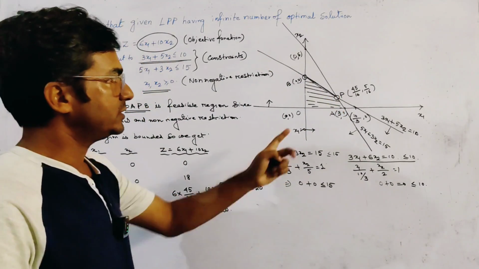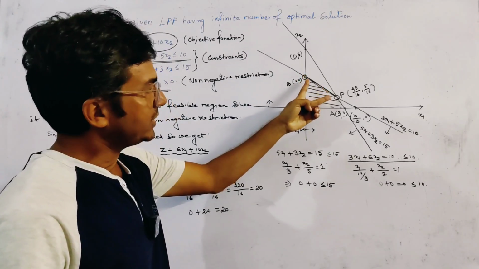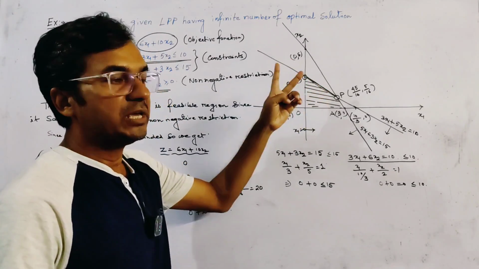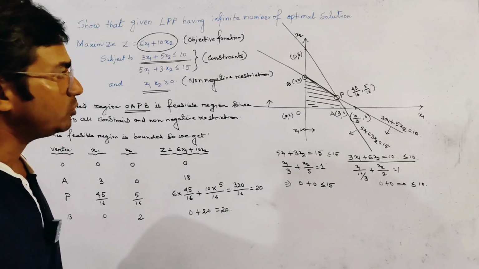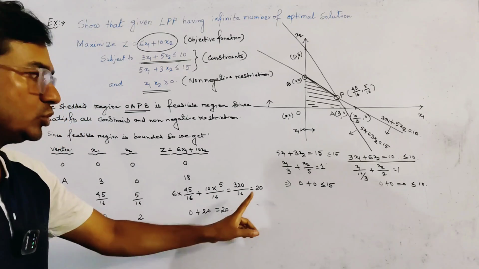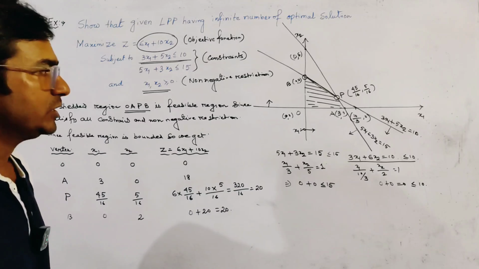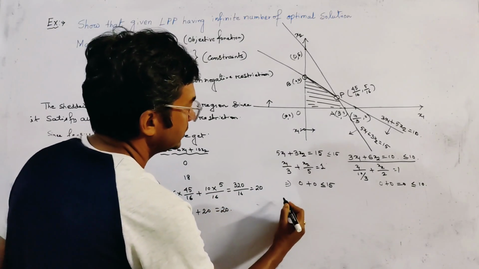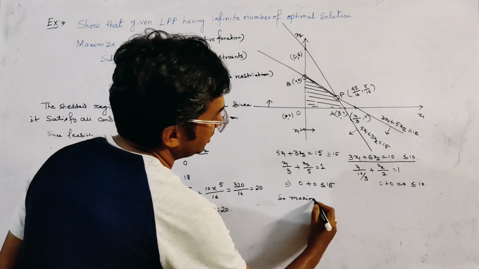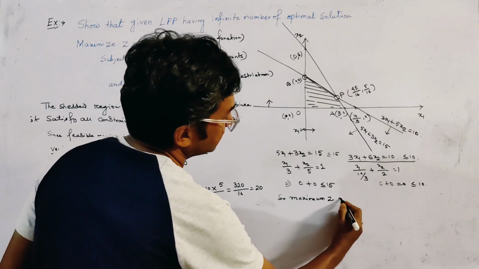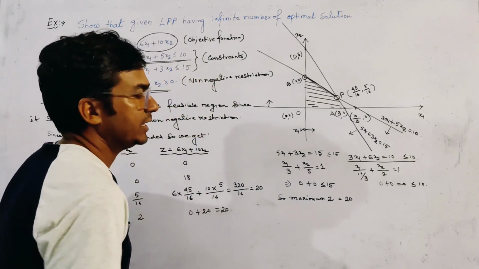So we say that there are infinitely many solutions, right? But the maximum value of z is equal to 20, right? So here we write, maximum z is equal to 20.